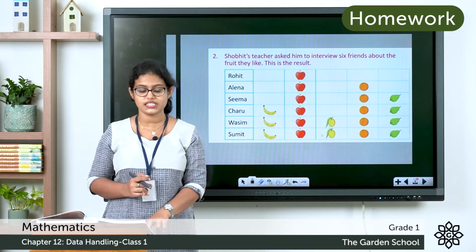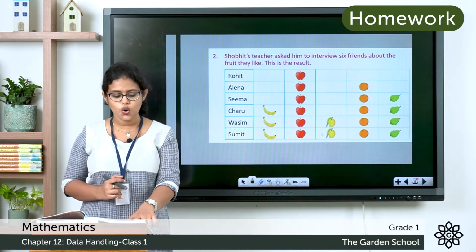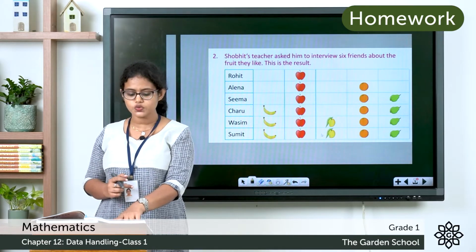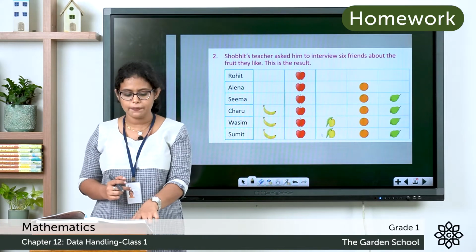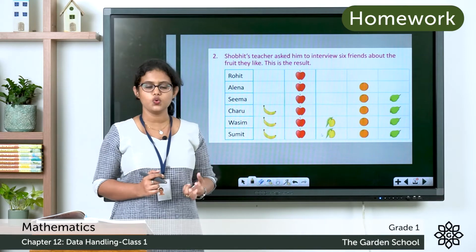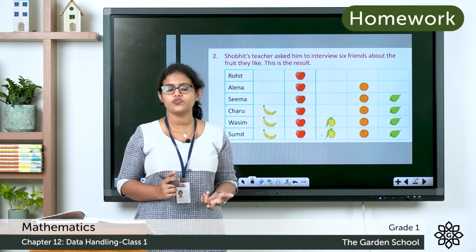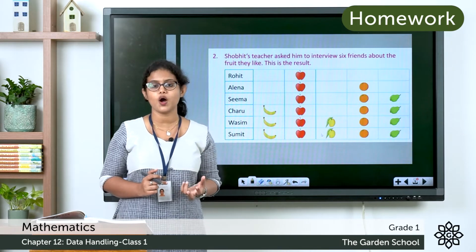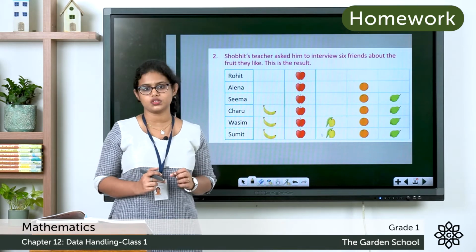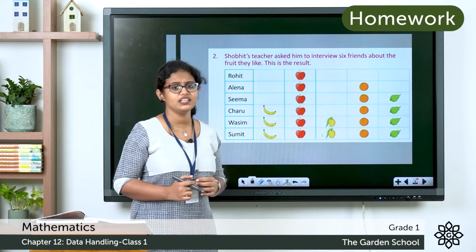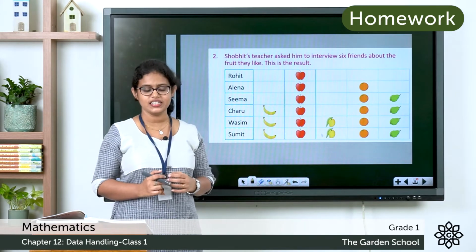Page number 172. Shobit's teacher asked him to interview 6 friends about the fruit they like. So the teacher asked Shobit to interview his 6 friends to know about their favorite fruit. So here you can see the data given here.